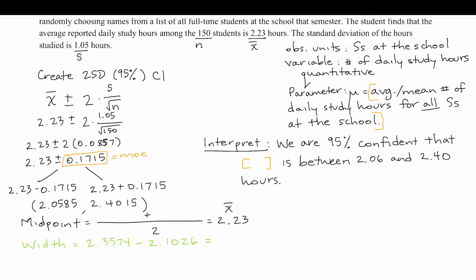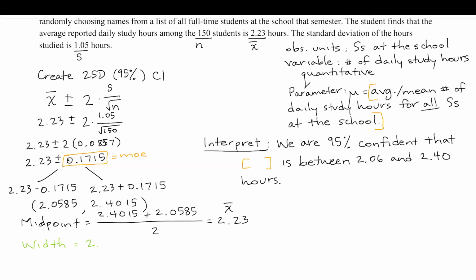And then when I'm finding my midpoint, I should have been taking 2.4015, the high value, plus 2.0585, the low value, adding that together and dividing by 2. The good news is I do still get 2.23, the statistic, so I got that going for me.